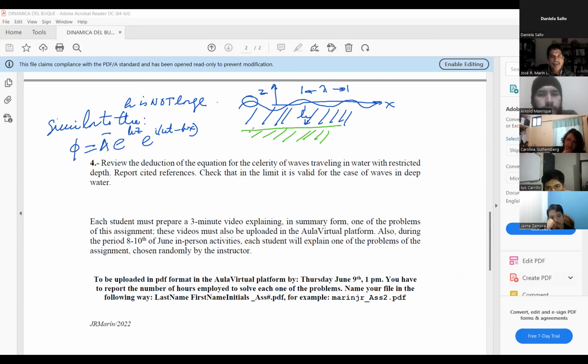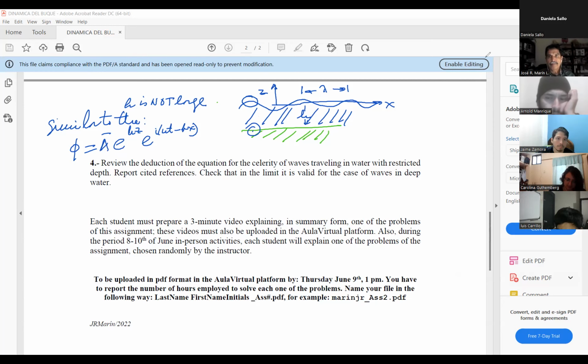On the bottom, you have to satisfy the no penetration condition because we assume it's a solid body. Any questions? No questions. Okay, people.